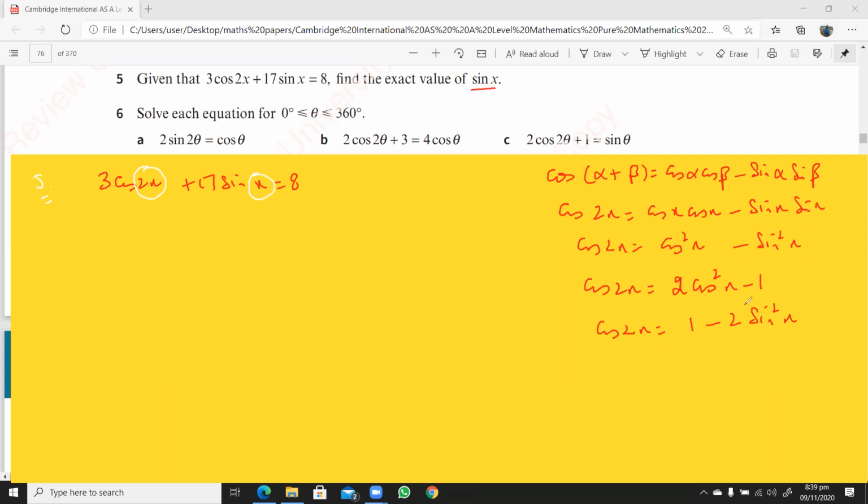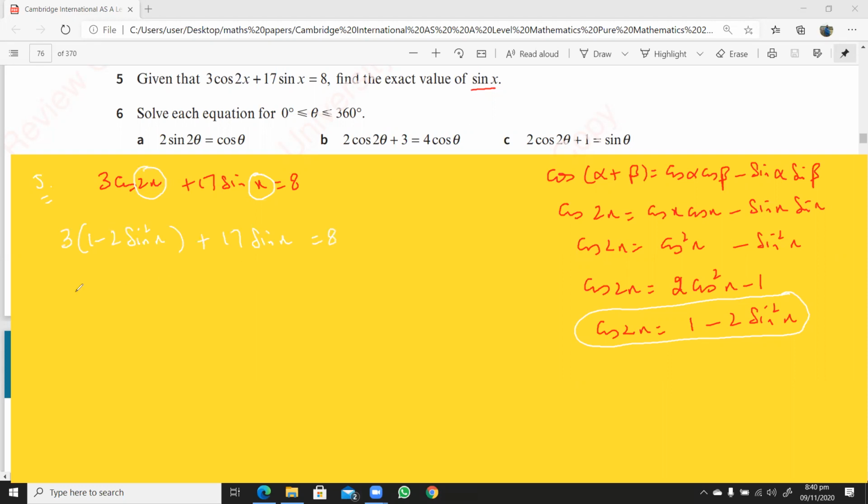So I'll be using this formula from here, because this lets us change the cos 2x into an angle x in terms of only sine, okay? So I'll pick this from here. This is going to be 3 into 1 minus 2 sine square x, plus 17 sine x, that is equal to 8, okay?